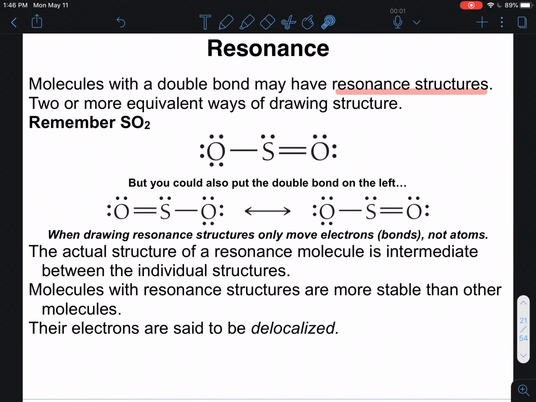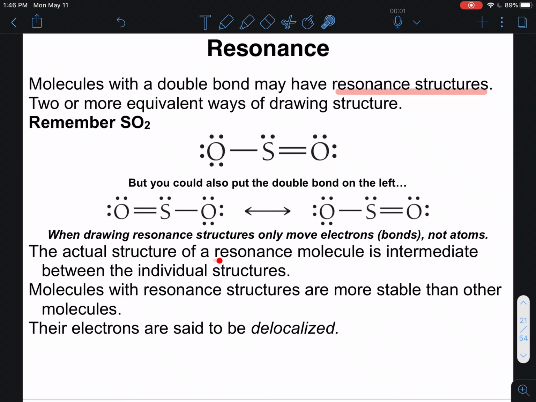Because you can put the double bond on the left or on the right, this means that SO2 has resonance. The double bond can be put here, or it can be put here. These are the 2 resonance structures associated with SO2.